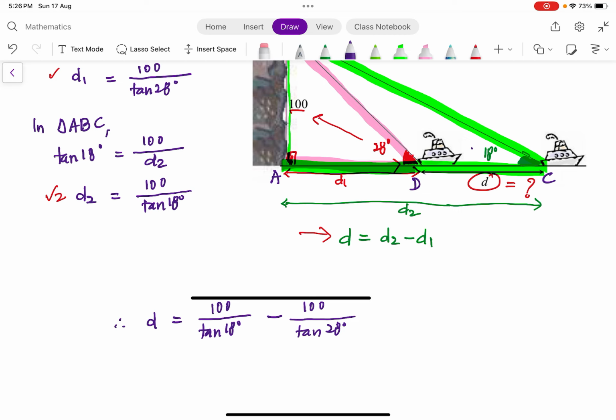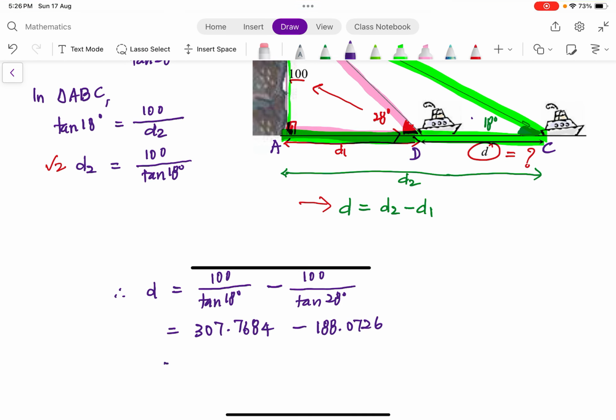So what I'm going to do is put the values right into the calculator. So I will be able to get 307.7684, then this minus 188.0726. By doing this, I'm able to work out the answer.